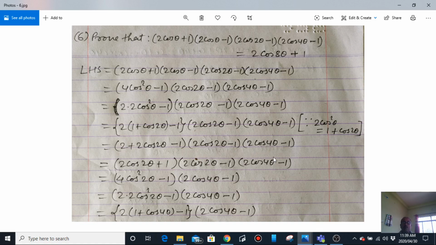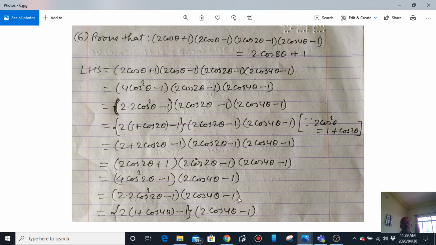Now you have only 3 brackets. In first two brackets again (a plus b) into (a minus b). So multiply them, a square minus b square: 4 cos square 2 theta minus 1, and this third bracket is here. Now same technique as we have done here, we will do here with double angle, 2 theta. 2 into 2 cos square 2 theta minus 1.